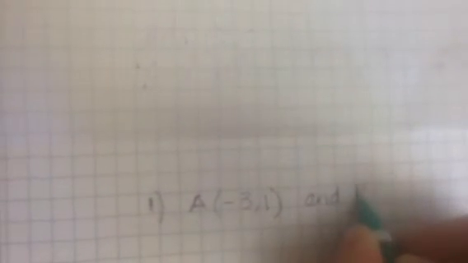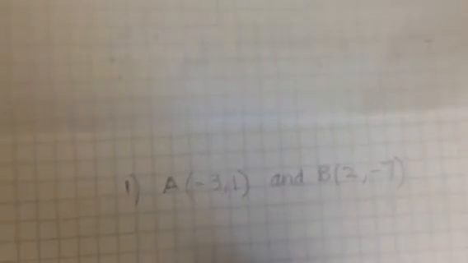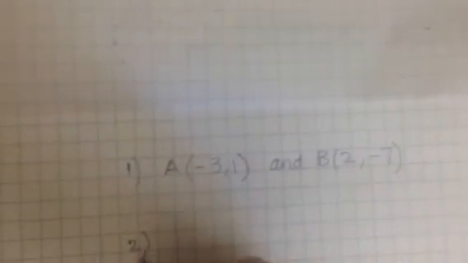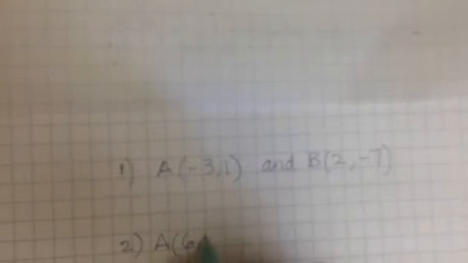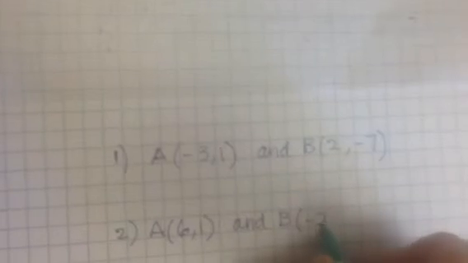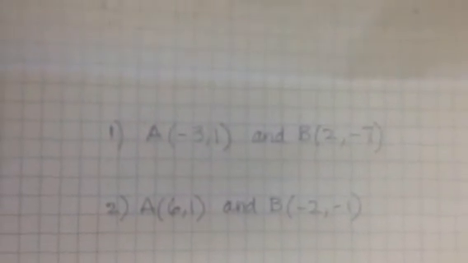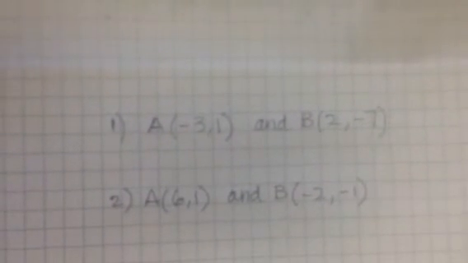I'm going to give you 2 different sets of points for A and B. So let's start with A is -3, 1, and B is 2, -7. Okay, and then for the second problem that I want you to practice with, A is the point 6, 1, and B is the point -2, -1. Okay, go ahead and pause the video and practice those.